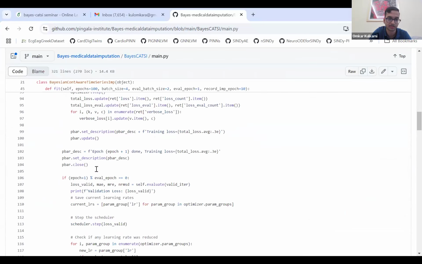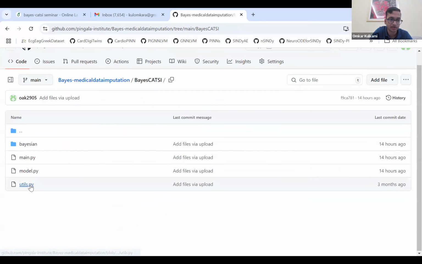The file model.py contains the code for Bayes-CATSI. And utils contains all the utility functions that have been used in the work. The module Bayesian has the codes for all the Bayesian deep learning models.